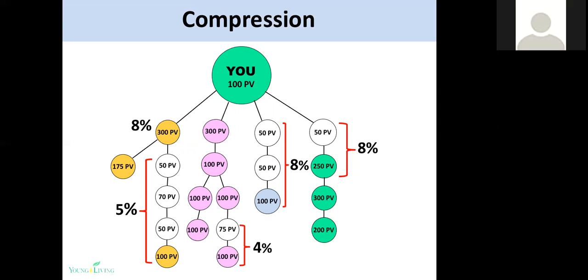Then if you look underneath them, they have someone who has completed 50 PV. And since that's less than 100, the way that the programming is designed is it will continue to look down even below that member to see if there's someone who has 100 PV. And you can see the next person below them has 70 PV.